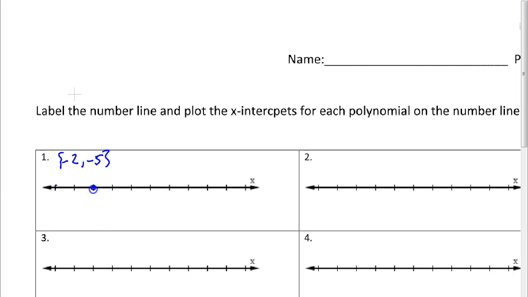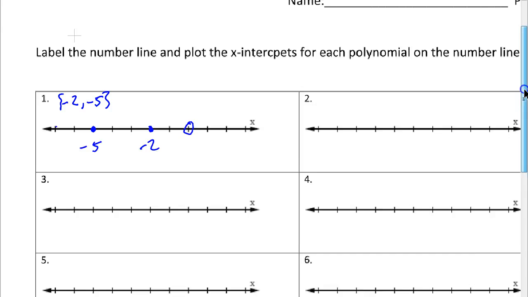So let's say this is negative 5. Where should negative 2 be? Well, right here it'd be negative 4, negative 3. There's negative 2. And that's all you're going to be doing, just plotting on a number line. Same thing you did before. Negative 1. This is 0.